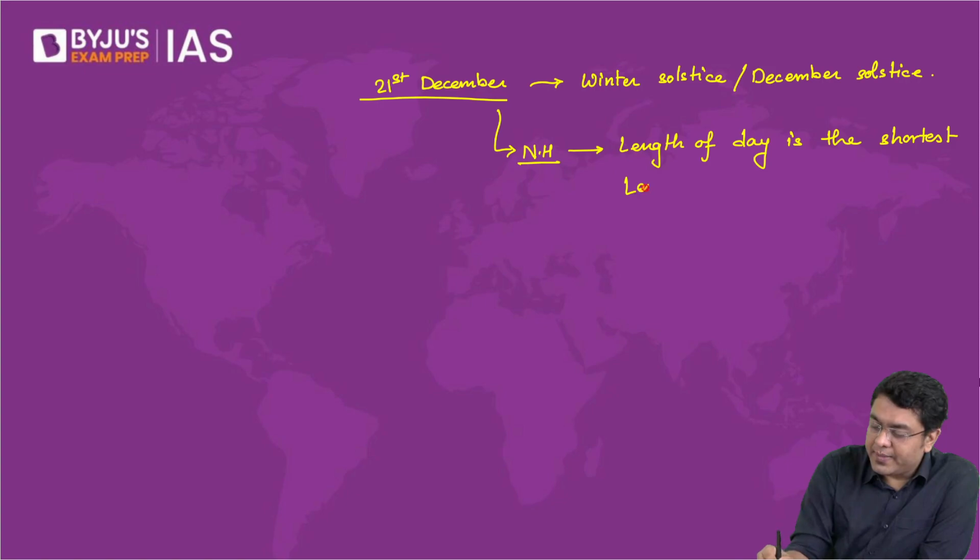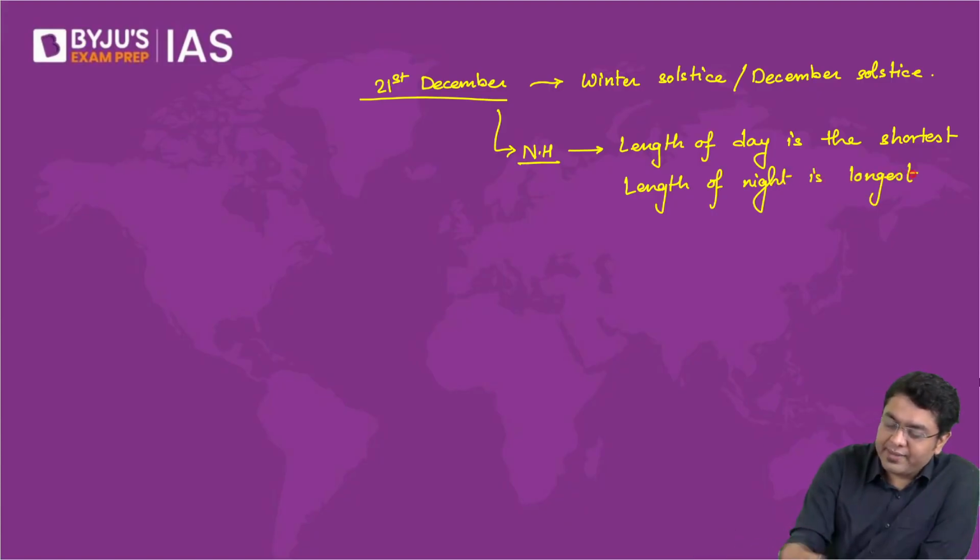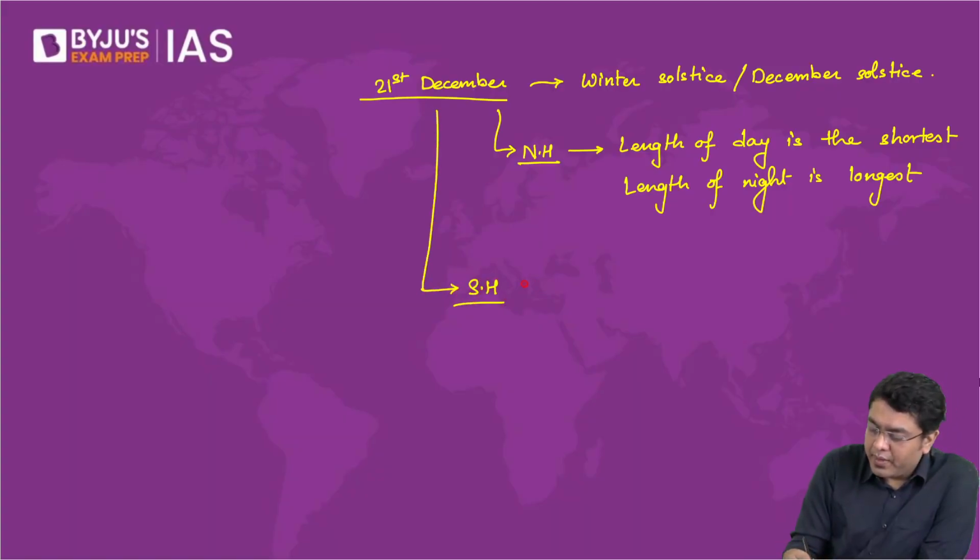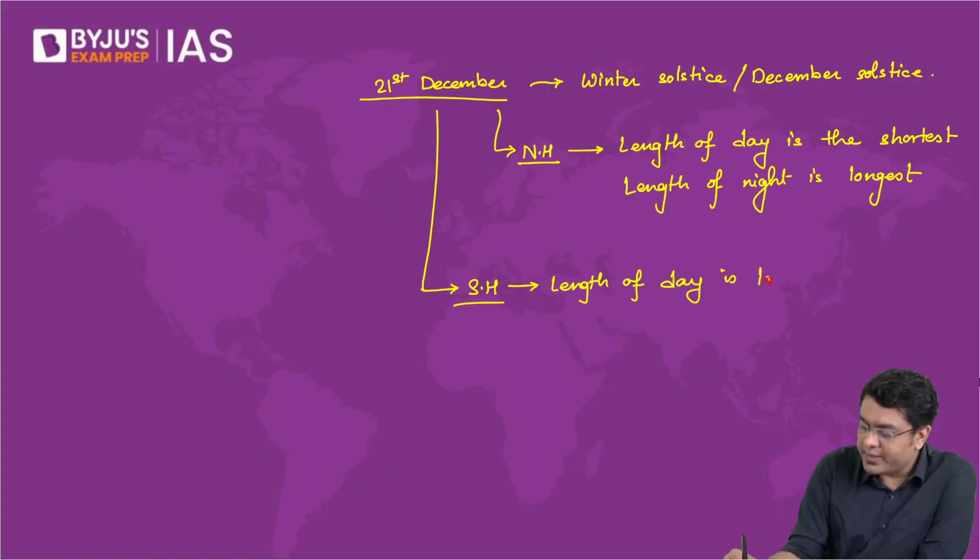Length of night is longest. Whereas when we talk about the southern hemisphere, length of the day is longest, length of night is shortest.